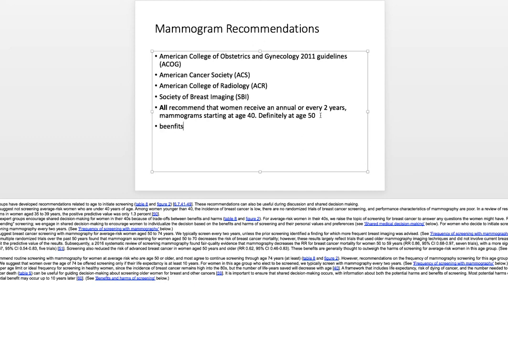So, benefits. The benefit is basically a 20% reduced mortality with proper screening.